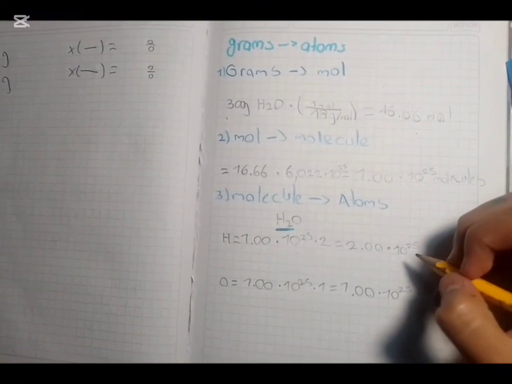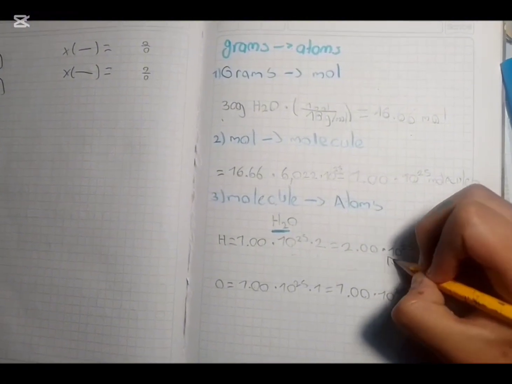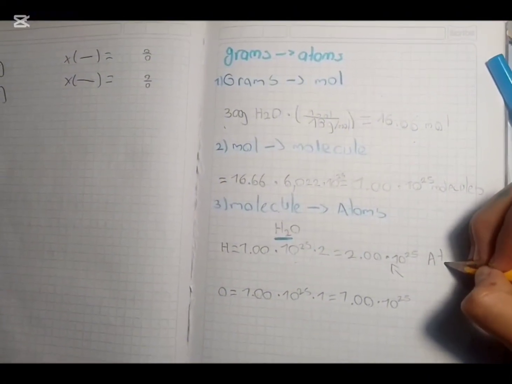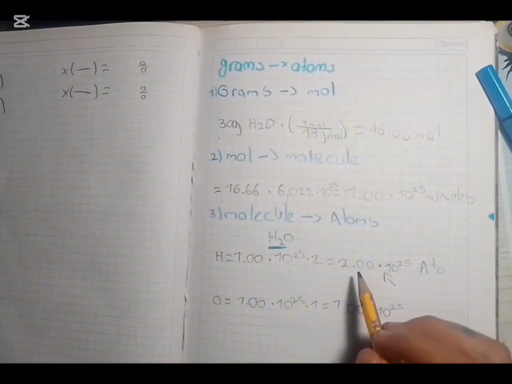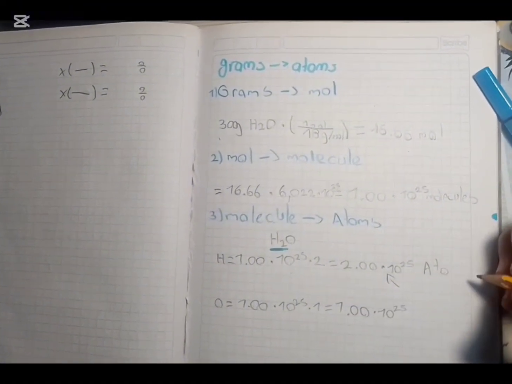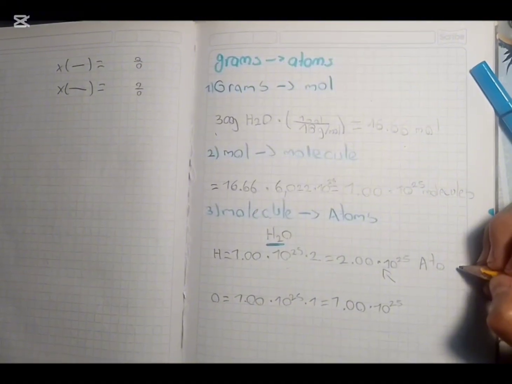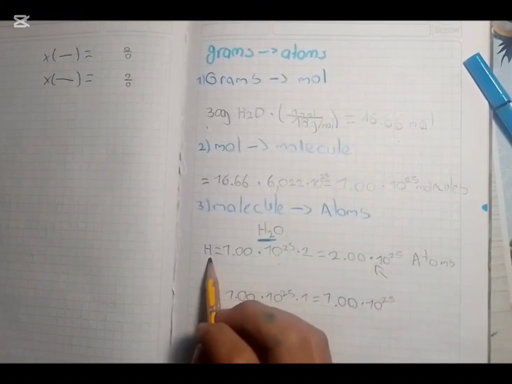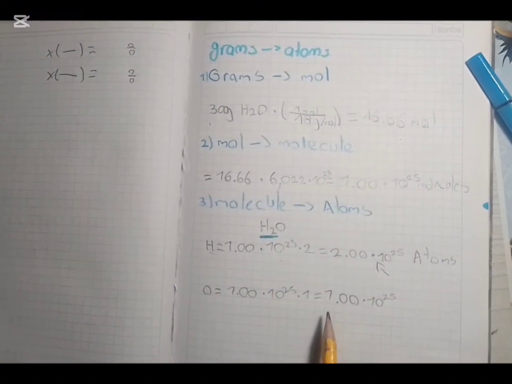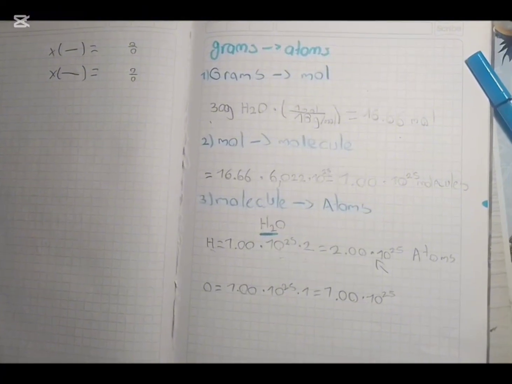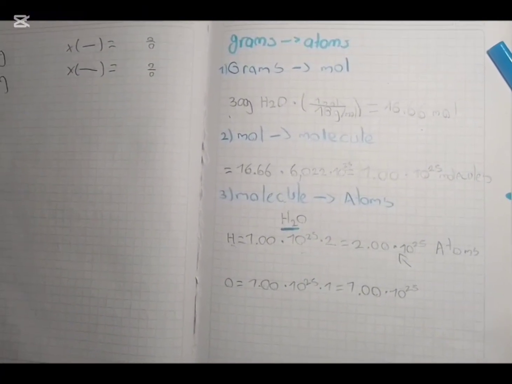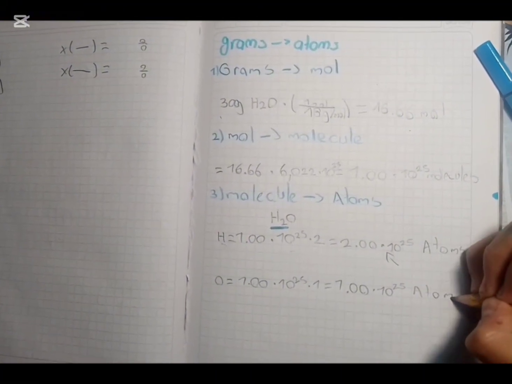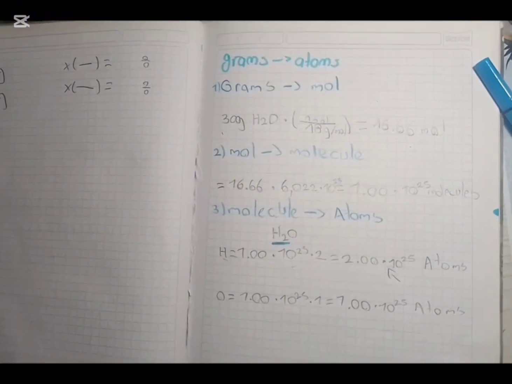The result is atoms: I have 2.00 multiplied by 10 to the 25 atoms of hydrogen, and 1.00 multiplied by 10 to the 25 atoms of oxygen.